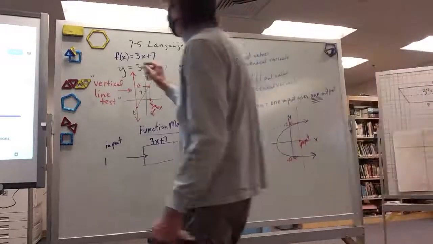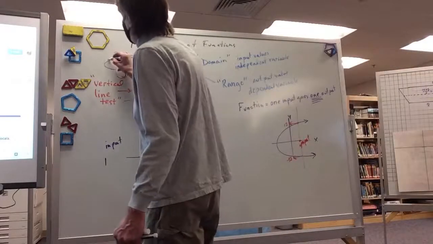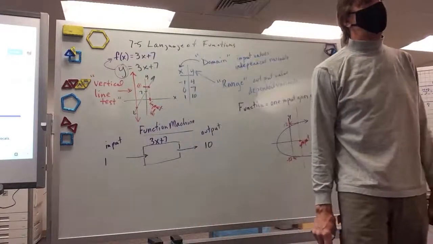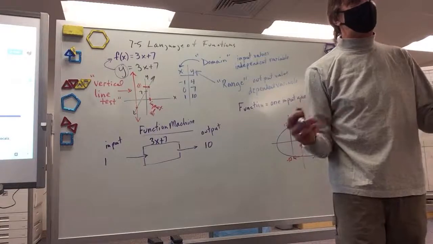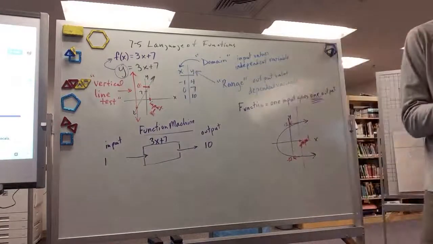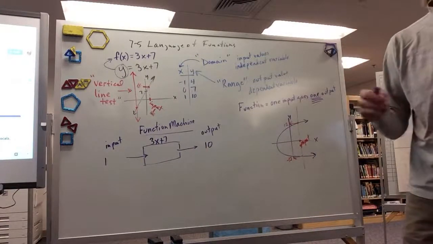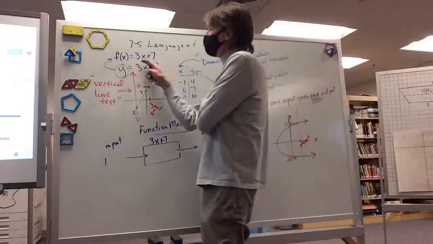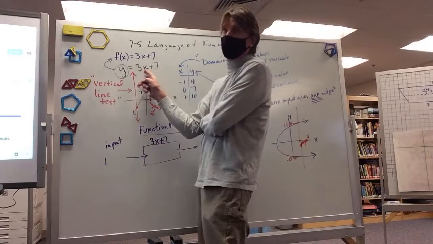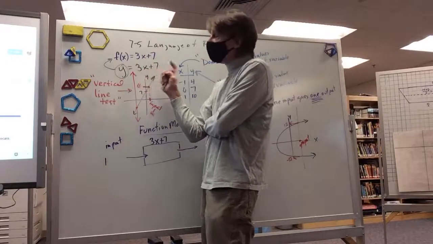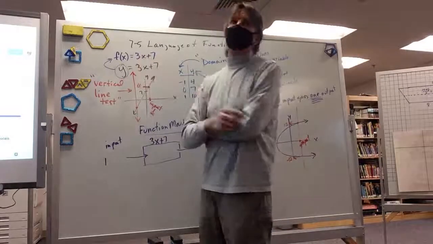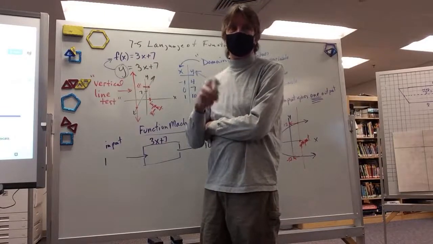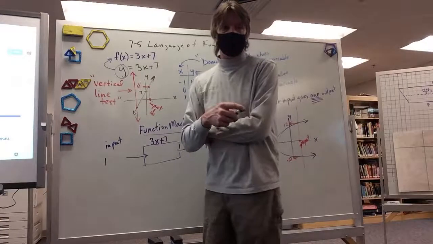And really, that just means that your output is written f of x. So why write it differently? Well, it's like a more specific statement. Not only are we saying that this is the relationship, you start with x, you multiply by 3 and add 7, but beyond that we're saying this is a function. So it's being more specific in our description.